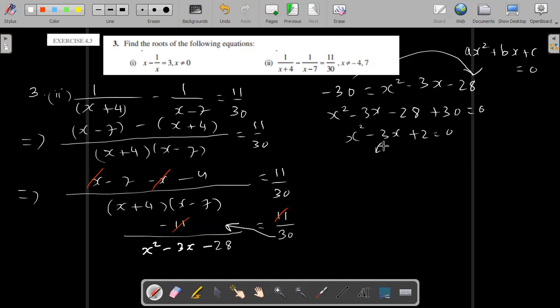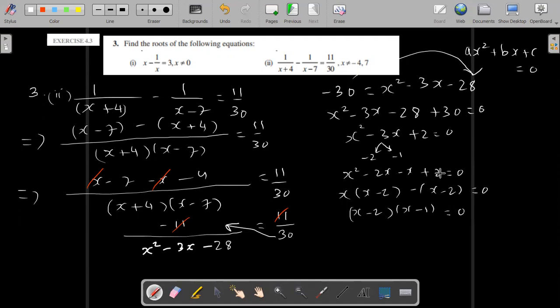So minus 3 can be written as minus 2 minus 1. Their multiplication is 2. So we can write x square minus 2x minus x plus 2 is equal to 0. x common, x minus 2; minus common, x minus 2 is equal to 0. x minus 2 common, x minus 1 left is equal to 0.